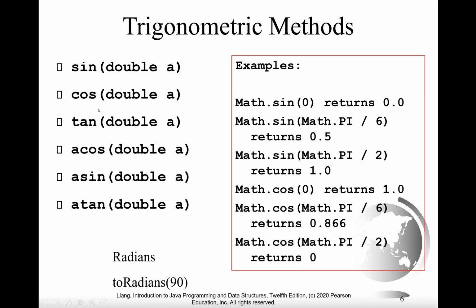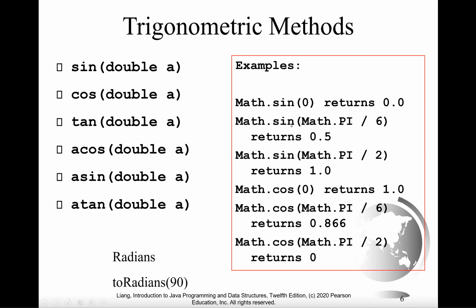Sine, cosine, tan, acos, asin, atan. Now please note that you have to pass radians for the arguments. For example, here, Math.sin(0), and this is radians 0, returns the value of 0.